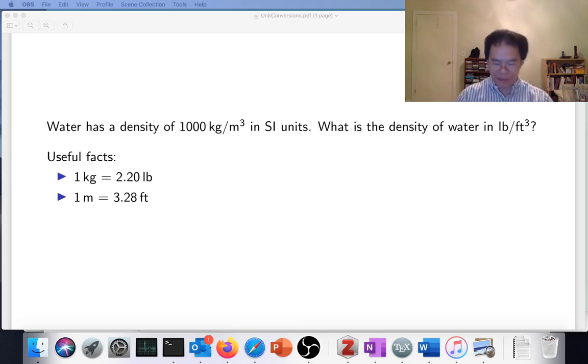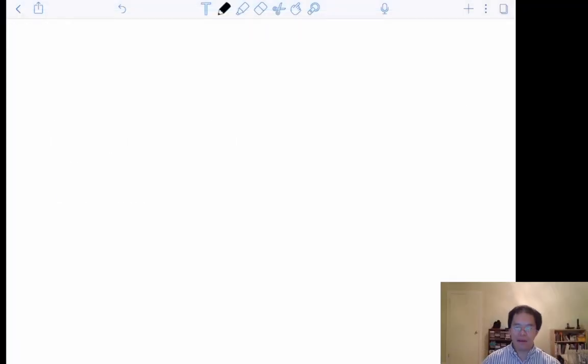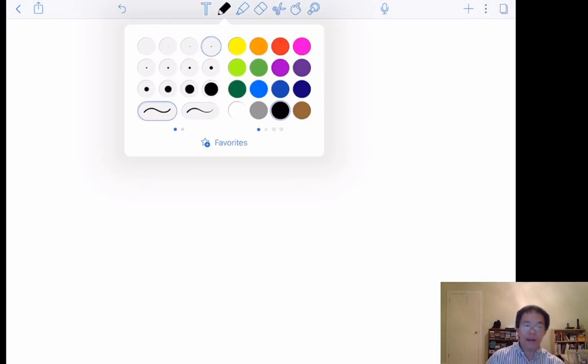Okay, so in order to do this, let's write down what we've got here. Our density is 1,000 kilograms per meter cubed. So we've got to deal with the kilograms and the meters separately. Let's do the kilograms first.